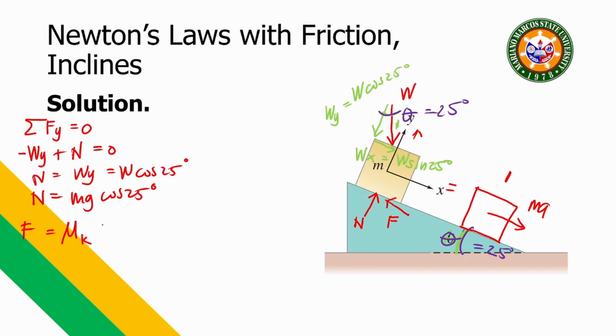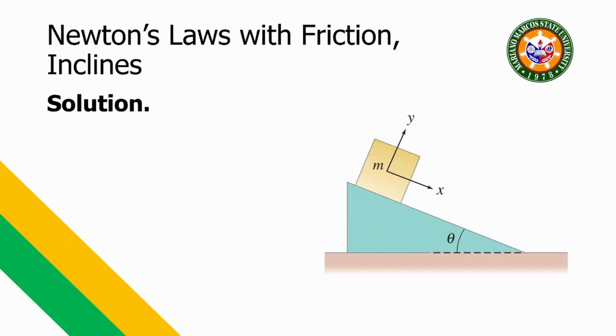So, we expect it to move, mu k multiplied by the normal force. So, ang F natin will be mu k multiplied by the mass of the object multiplied by gravity cosine 25 degrees. Kasi itong mg cosine 25 is equal to N. Sinubstitute lang natin dito. So, tuloy natin dito.